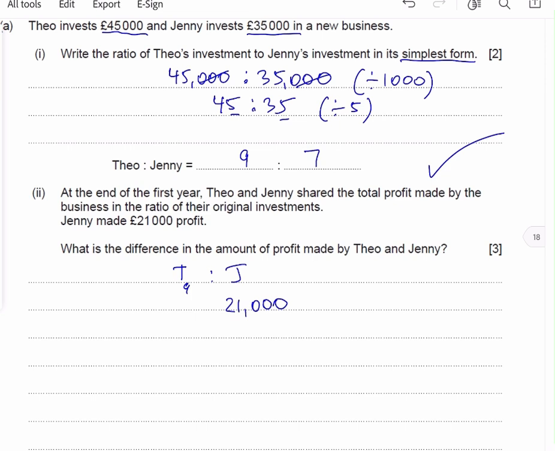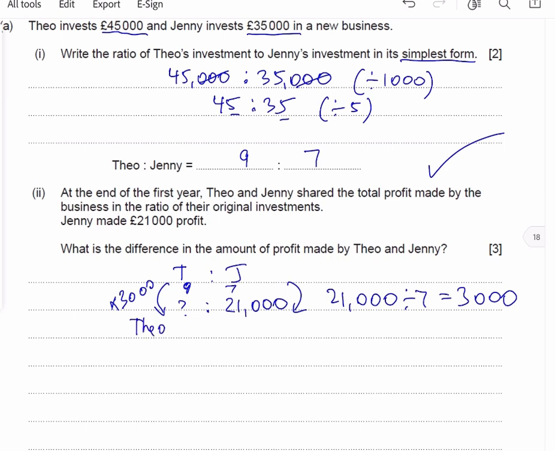So at the end of the first year, Theo and Jenny shared the total profit made by the business in the ratio of their original investments. So Jenny made 21,000 profit. So we know one side of the ratio, 21,000, and we're just going to work out one part.